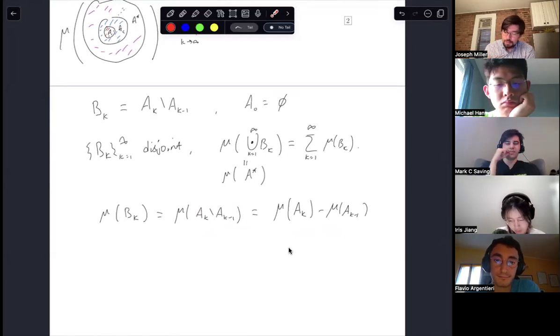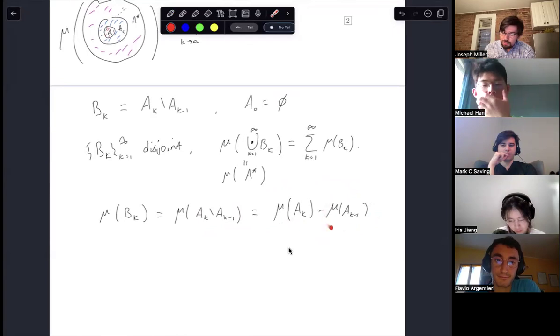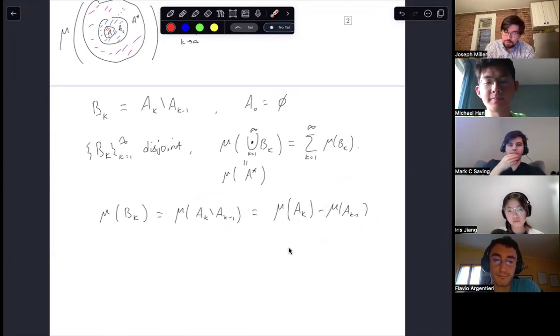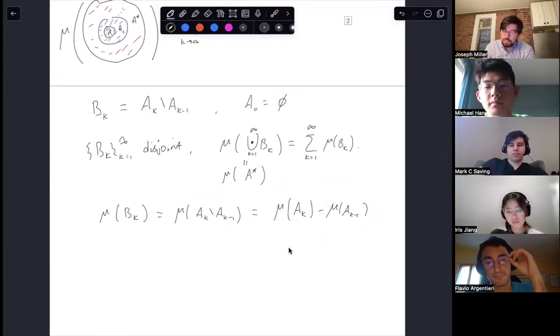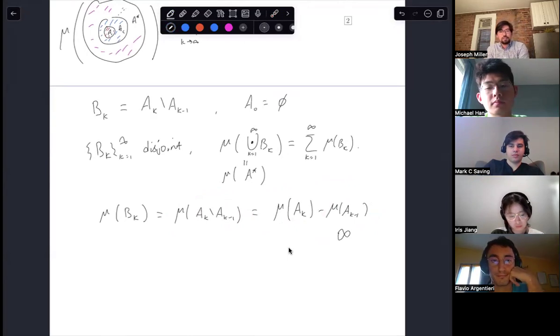One of the things I just realized is this quantity may be infinite. So when you're doing this type of thing, mu may have infinite values, so we just have to double check sometimes that this makes sense. For example, if this one's infinity and this one's infinity, I get infinity minus infinity, so it doesn't quite make sense.